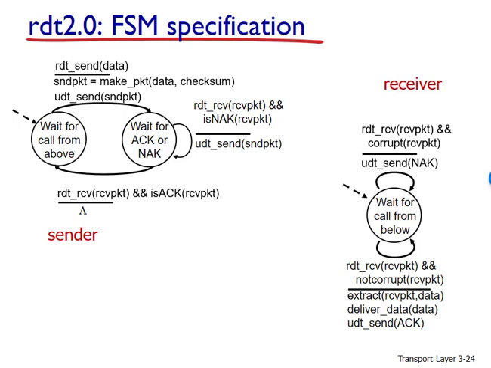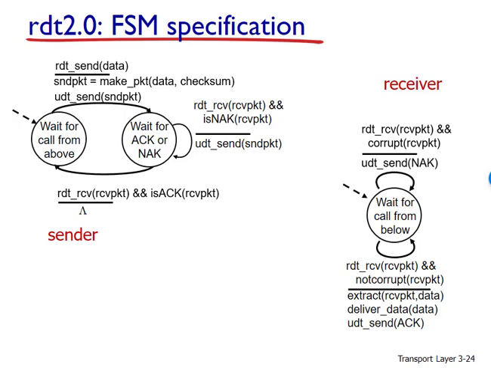It is important to note that when the sender is in the wait for ACK or NAK state, it cannot get more data from the upper layer. That is, the rdt_send event cannot occur. This will happen only after the sender receives an ACK and leaves this state.